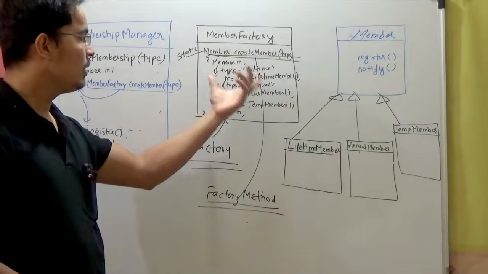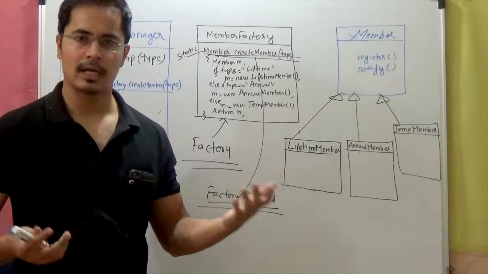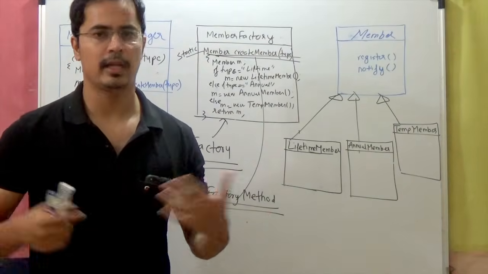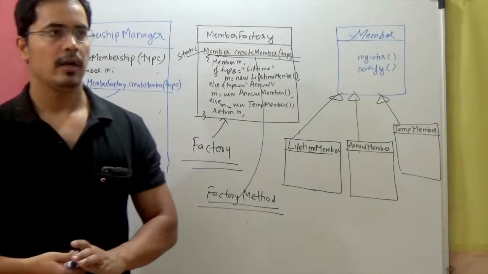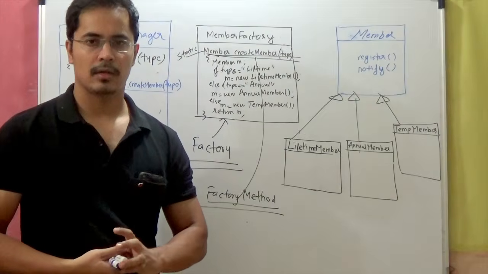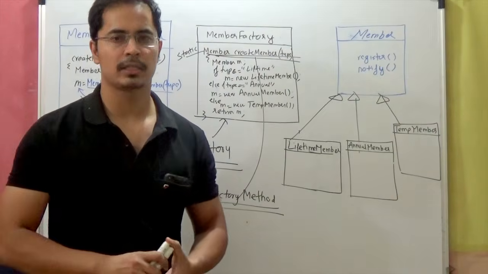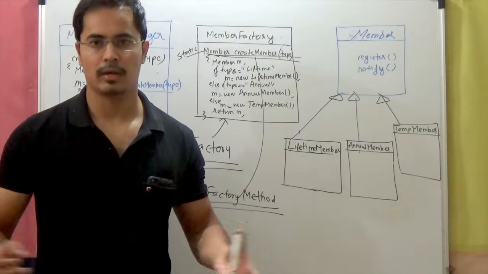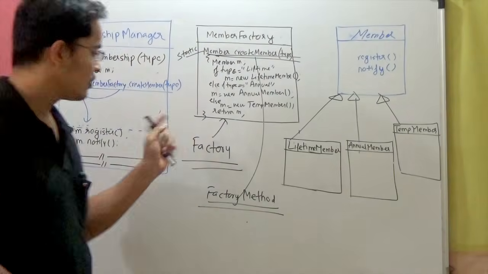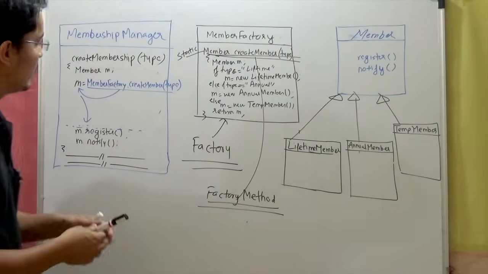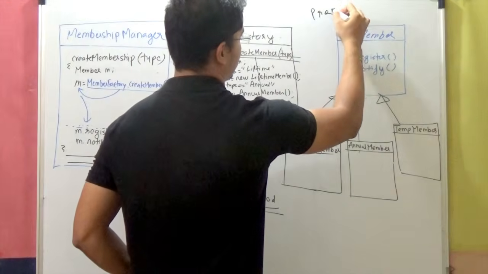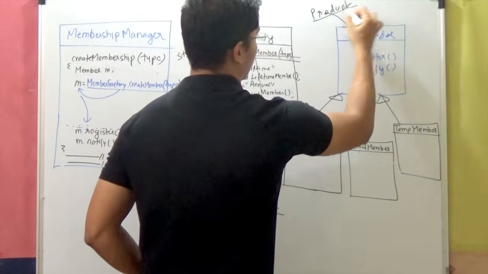And maybe you need this factory in more than one application sometimes. This is a very business specific case in Tennis Complex. But usually think about language frameworks. I'm sure you must have seen certain factory classes while using Java programming, right? So this is the factory method. In this case, the specific super type will be called the product.